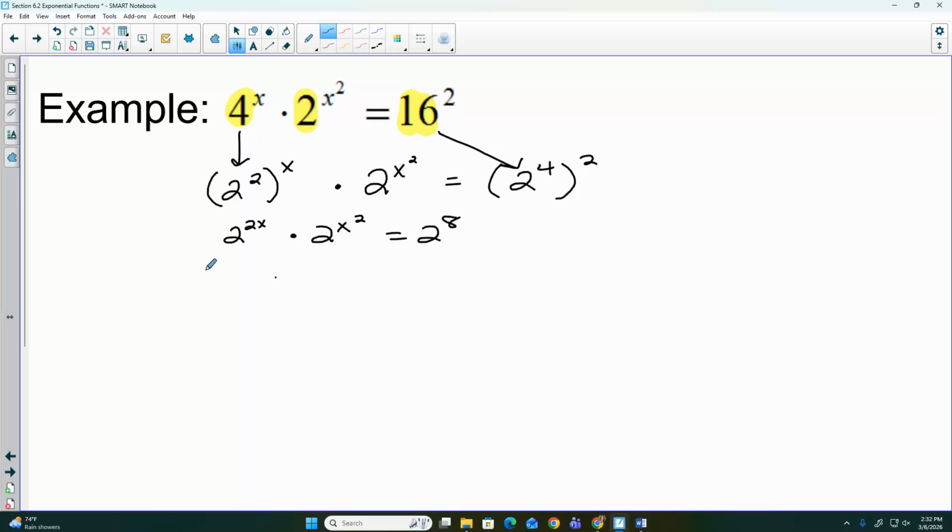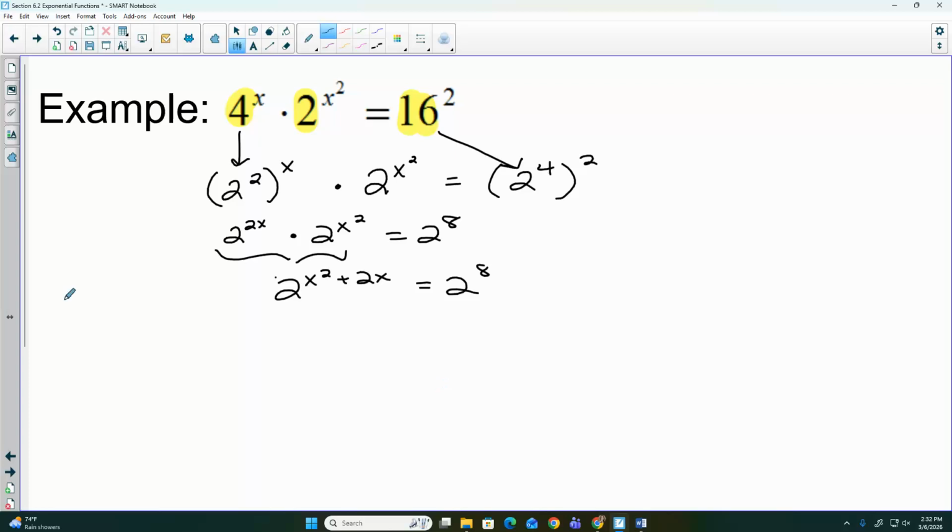Okay, exponent rules. If I am multiplying these, what do we do with our exponents? So that's 2 to the x squared plus 2x. All of that work was to get it so that I had just a single base on each side.